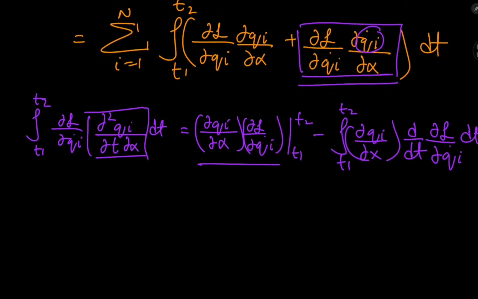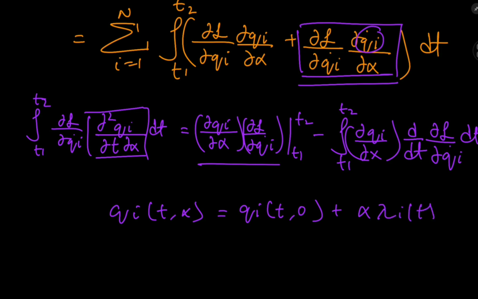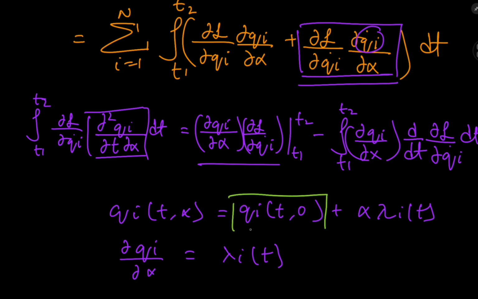So what exactly is this derivative of q with respect to alpha? Remembering that q_i as a function of time and alpha is defined as q_i of t, that's the chosen path, plus alpha times a function lambda_i of t. So that means that partial q_i by partial alpha is just the function lambda_i of t. Now here's the deal. All the paths, including the chosen path, start and end at exactly the same values.